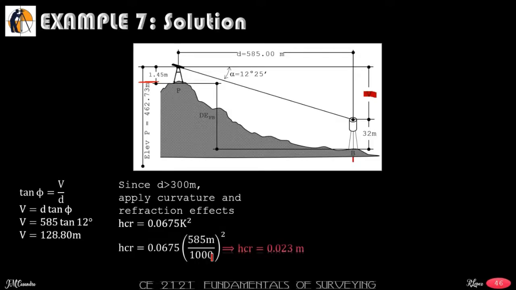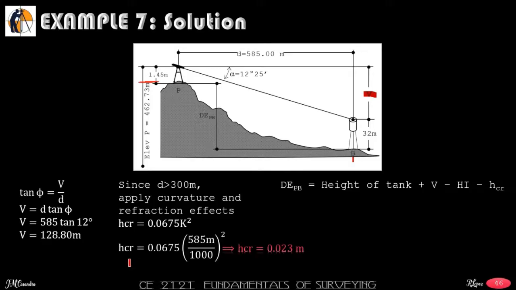So to solve for the elevation of point B, we have to determine first the difference of elevation of point P and point B. And this is computed as the height of the tank plus V minus your HI. And then we subtract your curvature and refraction.